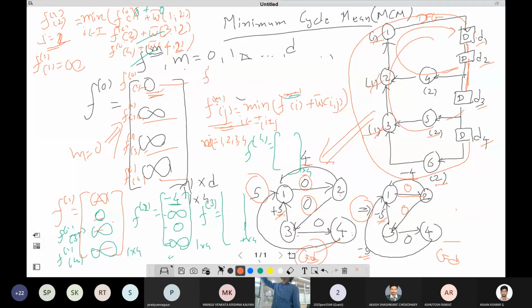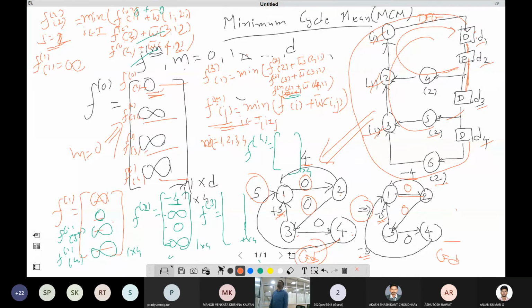I am interested in f of 3 of 1, which is the minimum of f of 2, m minus 1. I cannot be equal to j, so that means it has to be f of 2 2 plus w bar 2 1, f of 2 3 plus w bar 3 1, f of 2 4 plus w bar 4 1.